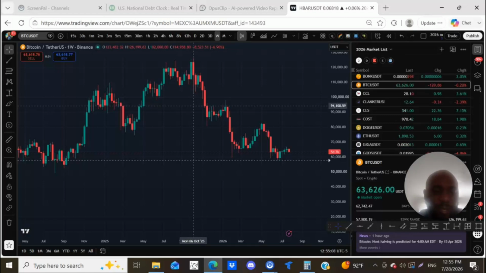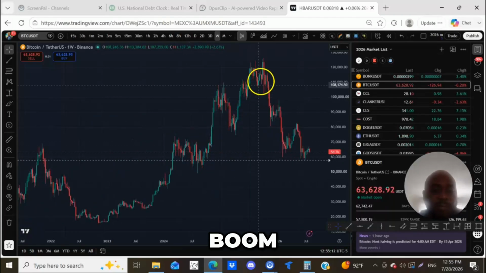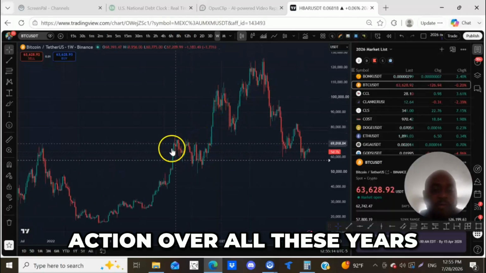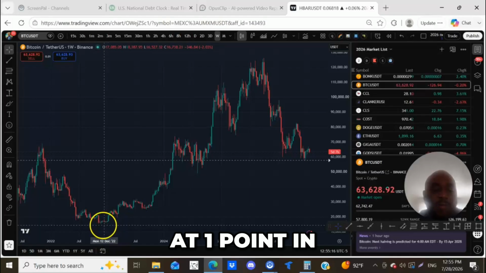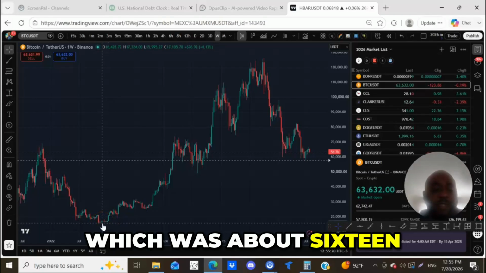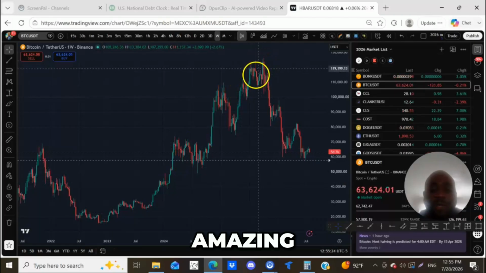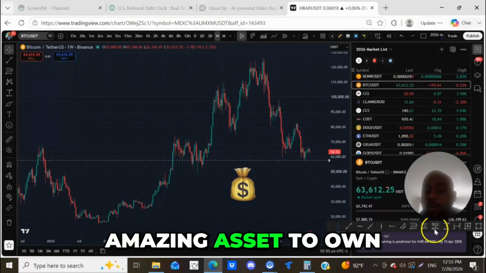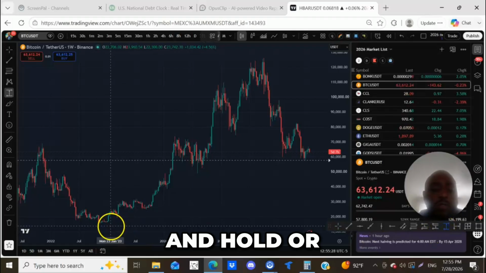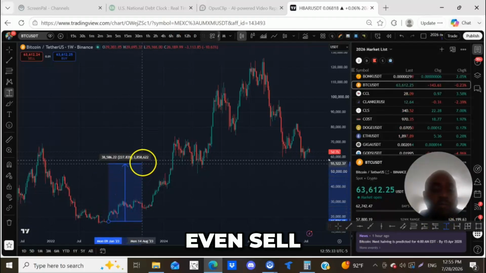But let's take a look at the history of this asset. Boom. So all this price action over all these years. At one point in time in 2021, it was right here, which was about $16,000 a share. So look at that. Amazing asset to own and hold, or to own and maybe even sell some for profits.